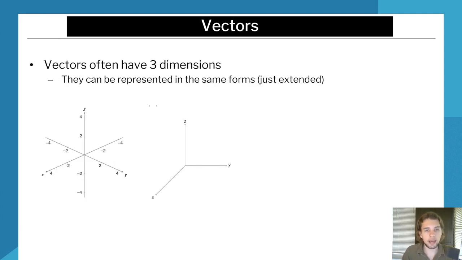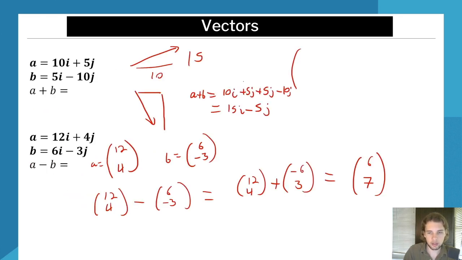So we can also have vectors with more dimensions. The highest we often work with, because we're often thinking of the physical reality we live in, is vectors in 3D. Now, all the same forms can apply, they're just a little bit extended each time. So for matrix form, we just have one more value down here. So we have A, B, C now, instead of just the two values we were utilizing at this point.